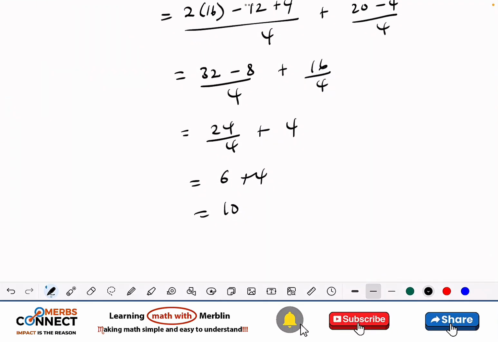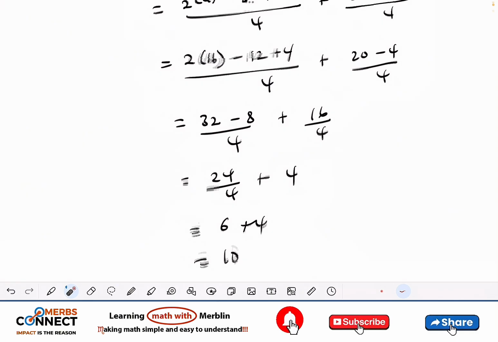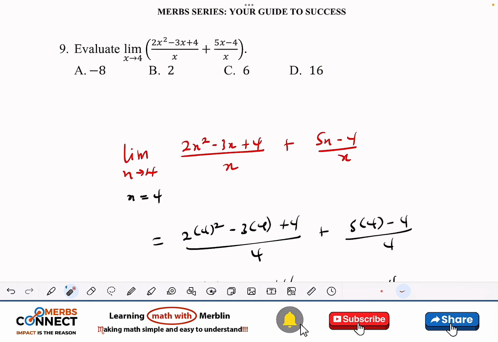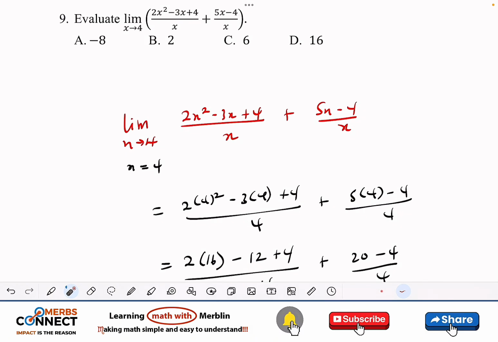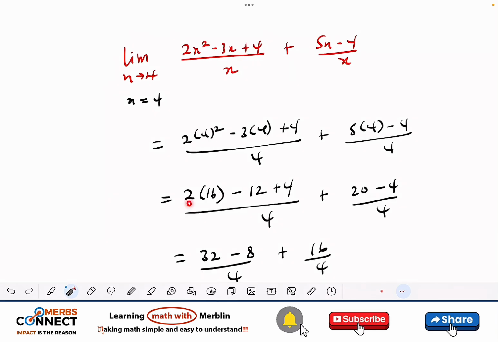Is that true? Let me check, because we are not having 10 here. 4 times 5 is 20. So 4 times 6 should be 24. This one should be 10. Let me check if I made a mistake somewhere. So plugging in for 4 squared is 16. 16 times 2 is 32.